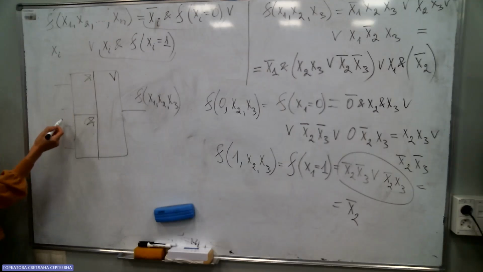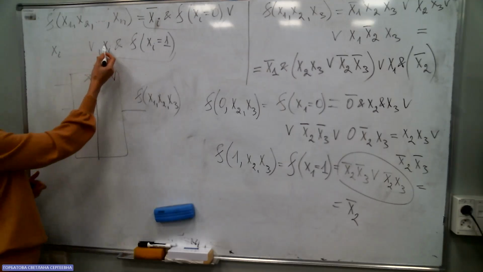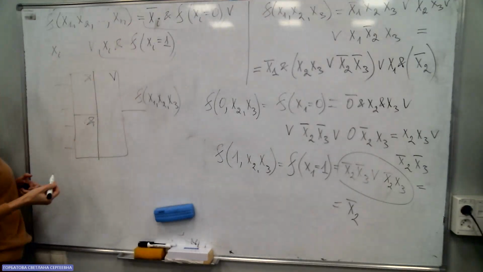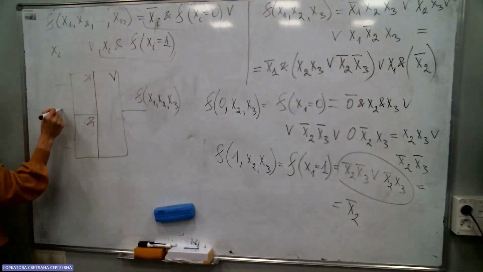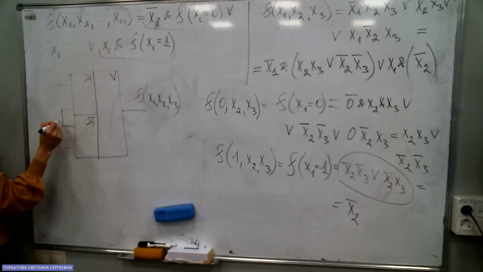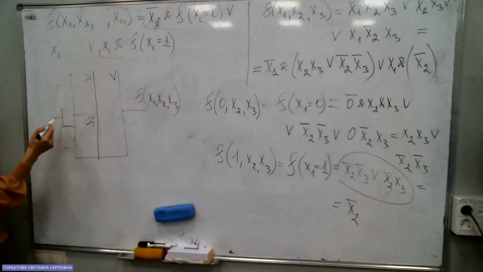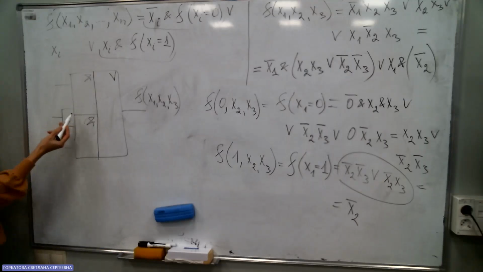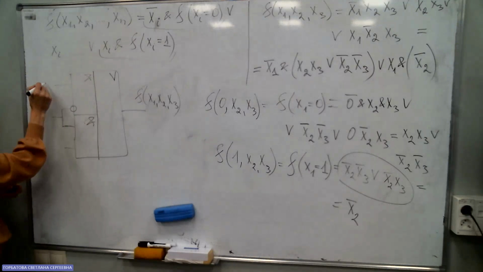But these two inputs are xi without negation and xi with negation. So we can do it like this. Negation is in the first one, up.